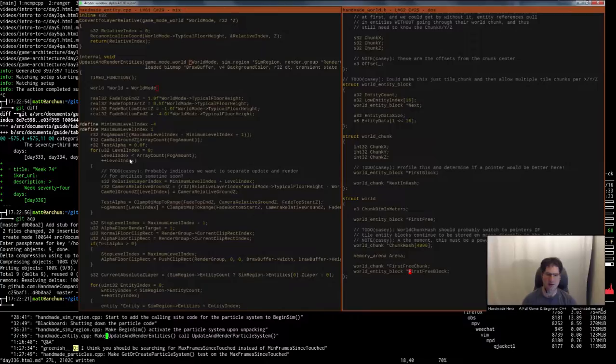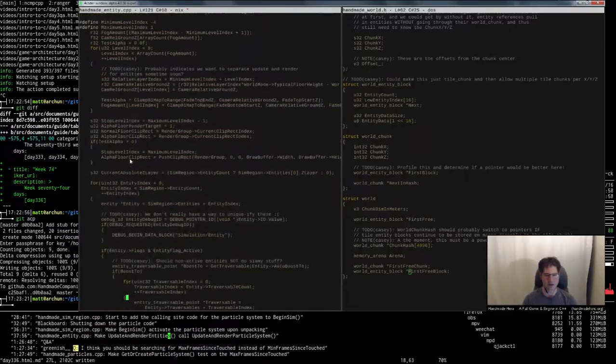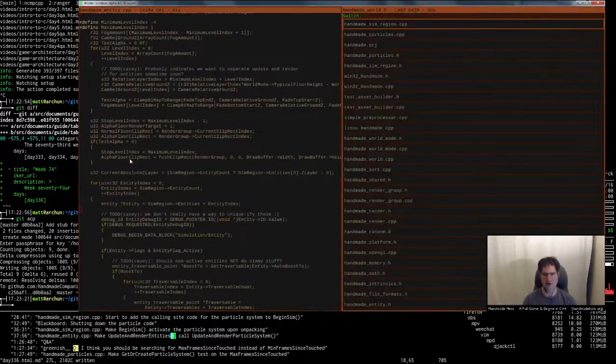So maybe that makes a little bit more of an argument against that. I'm not 100% sure how I feel about it one way or the other, but you can kind of see why I'm a little hesitant there. I think I'm going to go ahead and put it in the world mode. So I'm going to say that the particle cache comes from the world mode, and then I think we can get things started here.